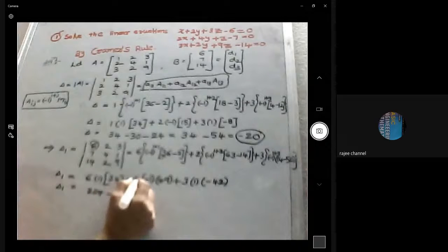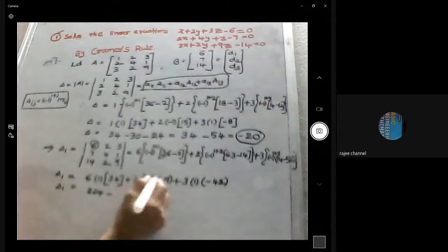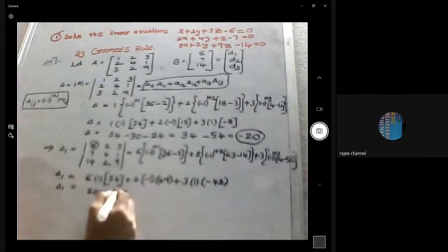Next, minus 2 into 49. 2 9s are 18, 2 4s are 8, 8 plus 1 is 9, so 98.